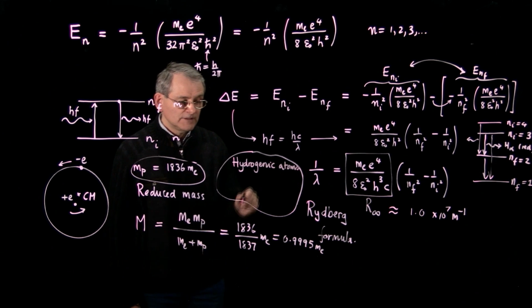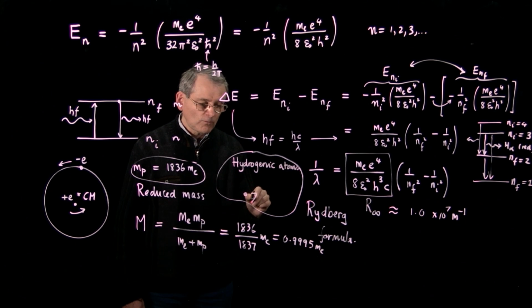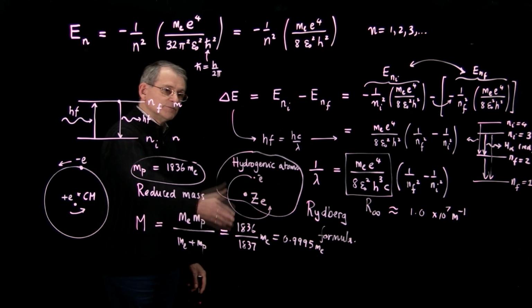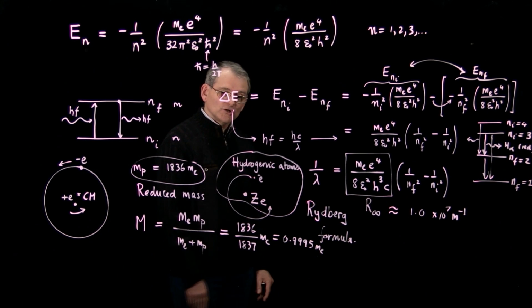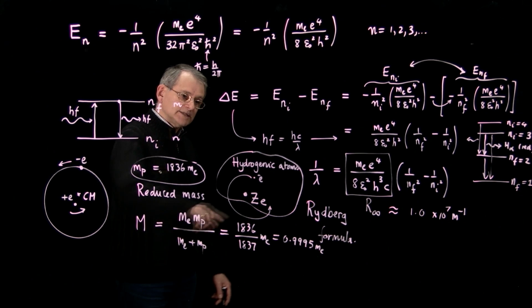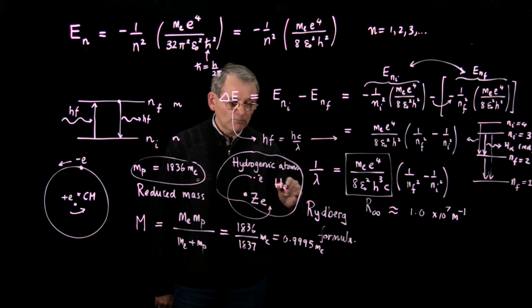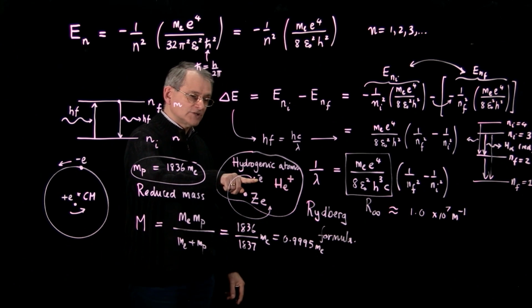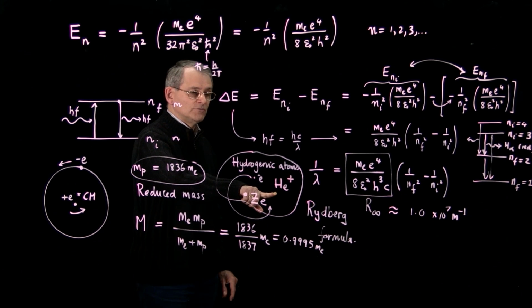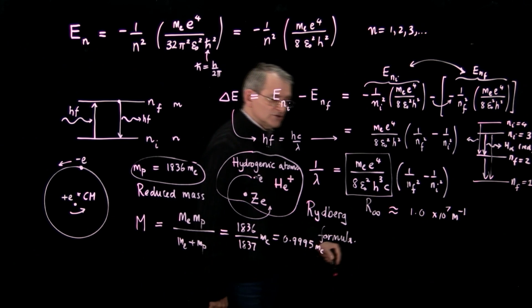So if I have not just a single proton, but Z protons, and I have a single electron circulating around, I can describe this hydrogen-like system by including the reduced mass and, more importantly, the additional charge, because instead of having a single proton, we've now got Z protons. So, for example, in the helium ion, I have a single electron, but I have two protons, in fact, two protons and two neutrons.